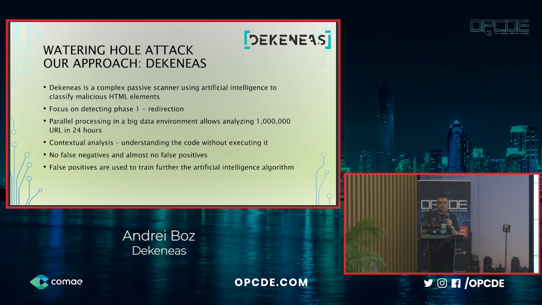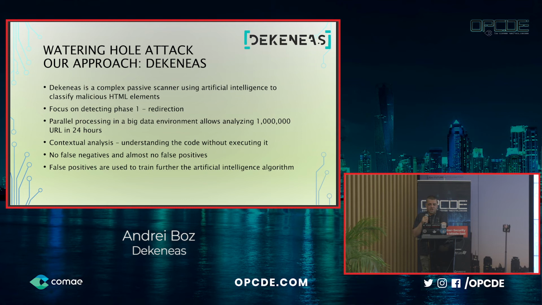This approach allowed us to have no false negatives. Basically, there is no malicious JavaScript that we did not detect, but we had some false positives, like 0.001% of the websites we analyzed were in fact legitimate scripts looking like malicious ones. But these false positives are used to train further the artificial intelligence algorithm.